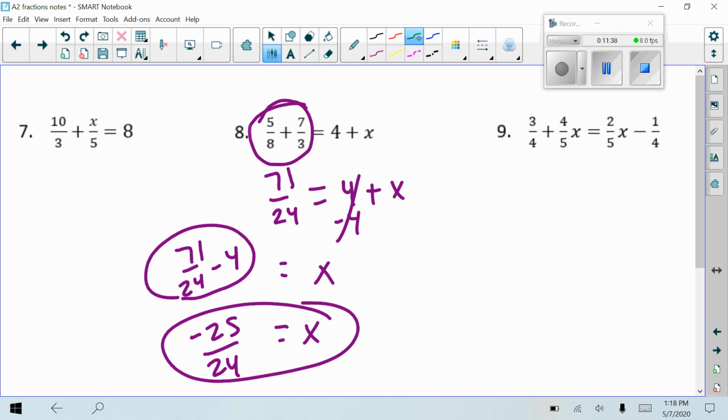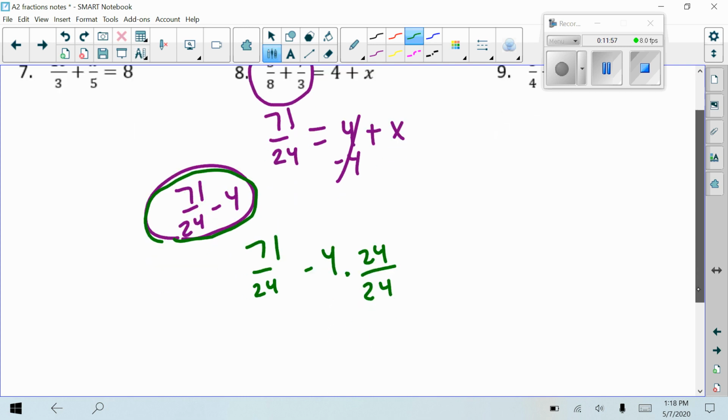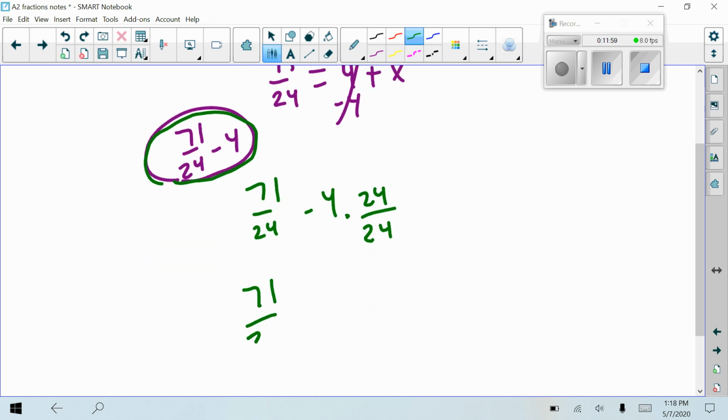To do this by hand, what you would have done for this part right here is 71/24 minus 4. Well, that's going to have a denominator of 24 if we want them to be alike. So that's going to be 71/24 minus, then we'll need to do 4 times 24, which is 96.